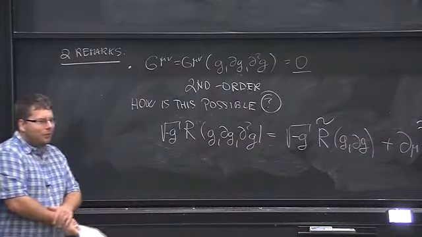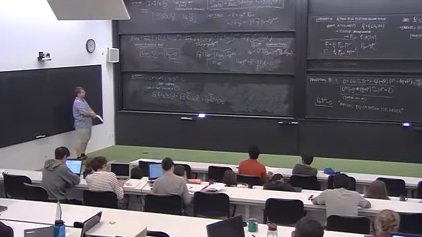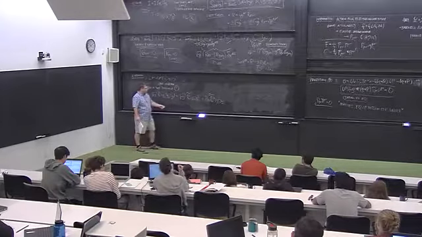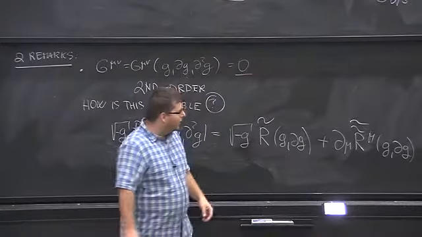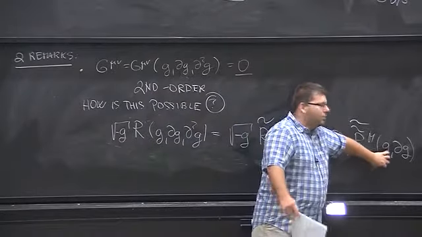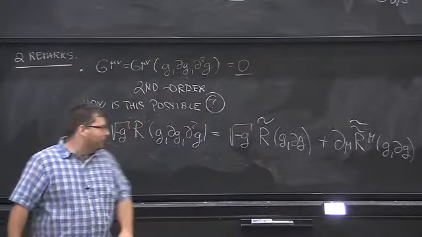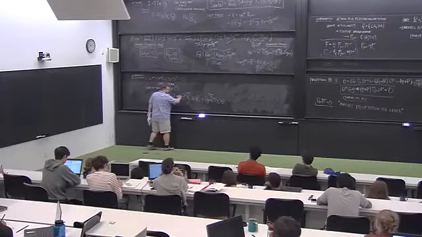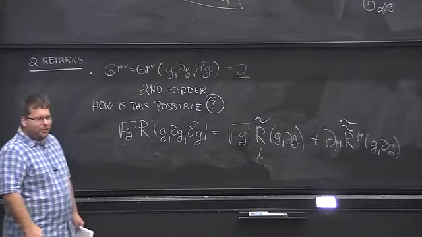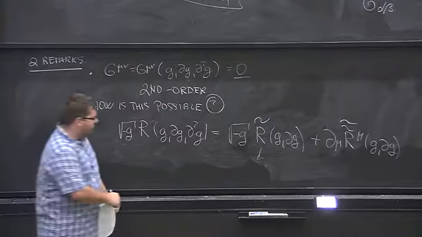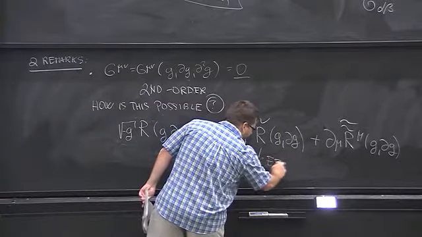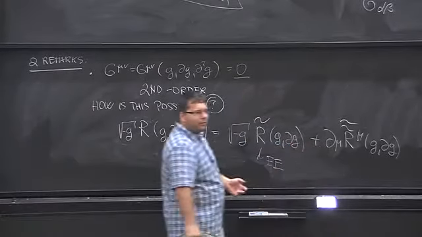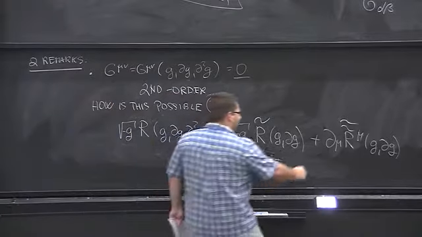This is similar to the problem which we discussed in the first tutorial in the classical physics course: you can write your action, which depends on q dot and q double dot, as something which depends only on q and q dot, plus a total derivative of something which depends on q and q dot, right? Now, if I vary just this part here, it gives me second order differential equations, and these are the Einstein equations. And this term is simply a boundary term.